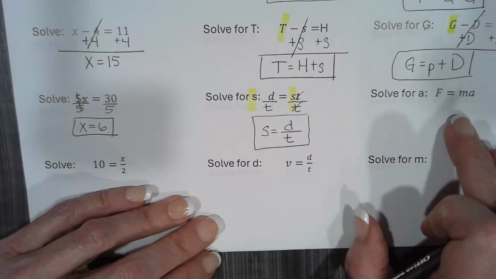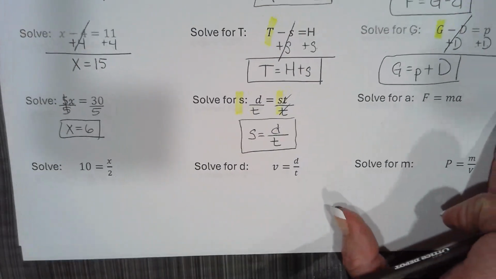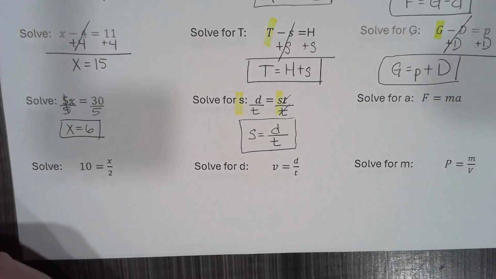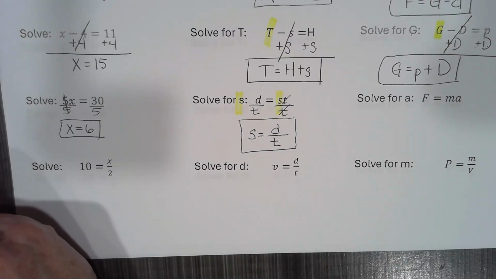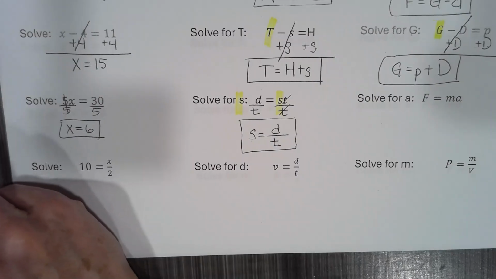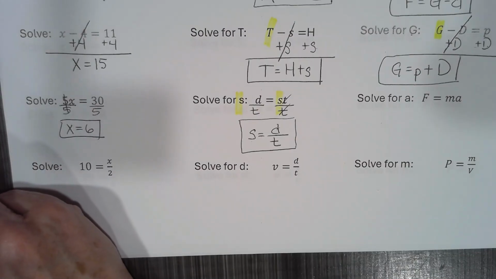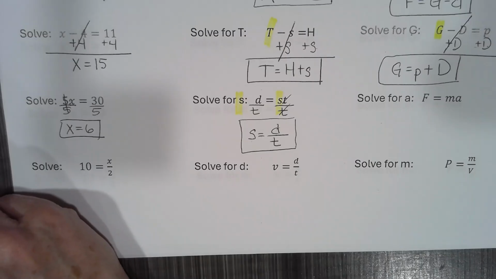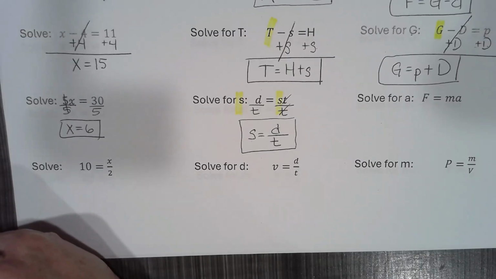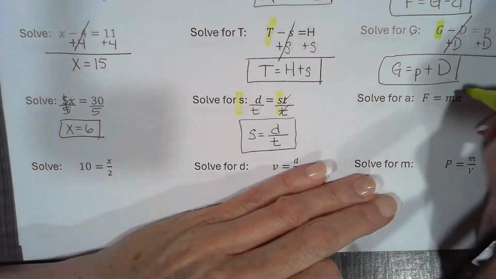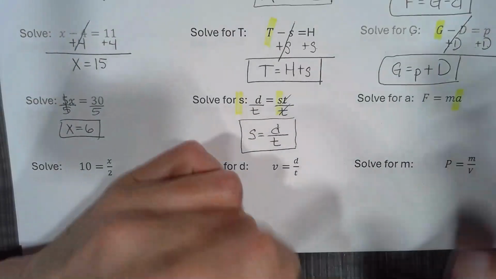Okay, you're solving for A. I'm going to put 10 seconds on the clock. I want you to do this without me. Okay, solving for A. So I need to get rid of the m.